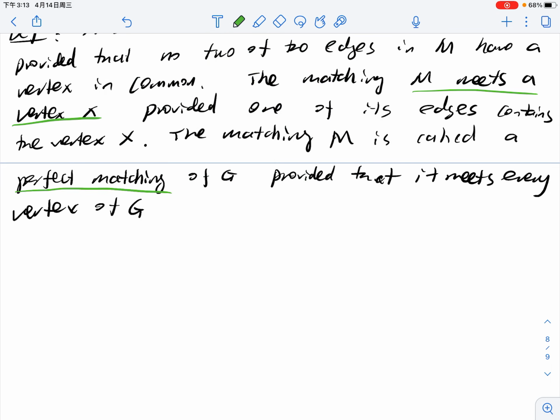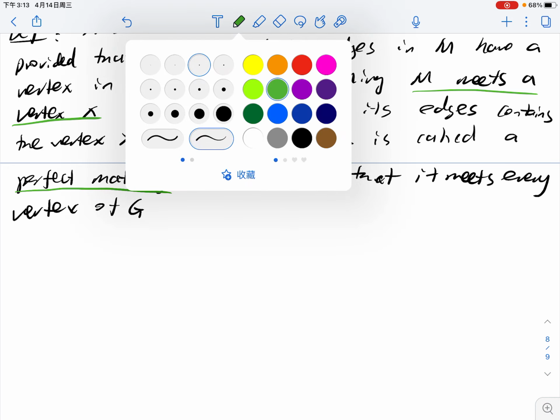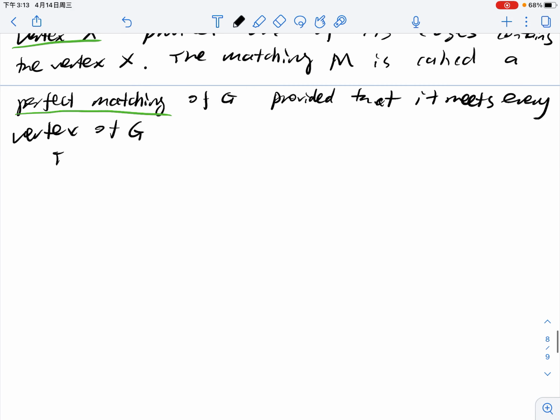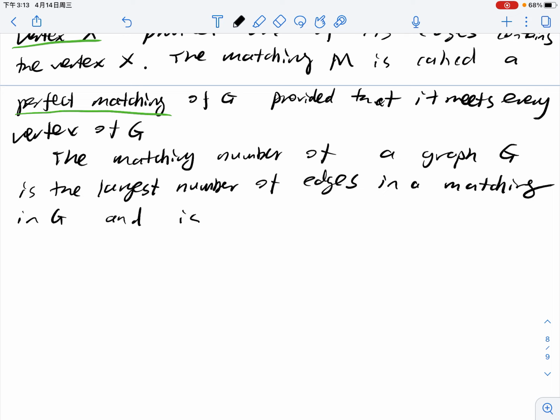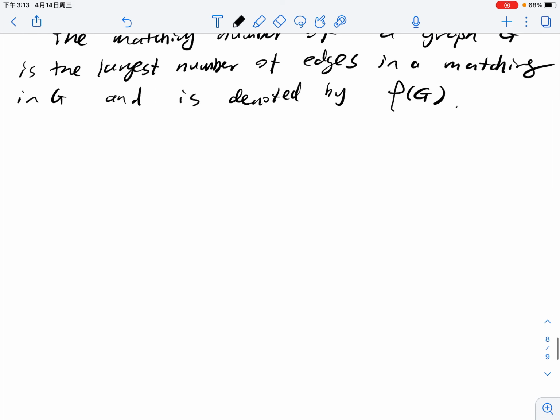And then whenever we have a notion, we can define some invariants. So the matching number of a graph G is the largest number of edges in a matching in G, and is denoted by rho G. A remark, whenever you have some notion, try to find some models in reality.